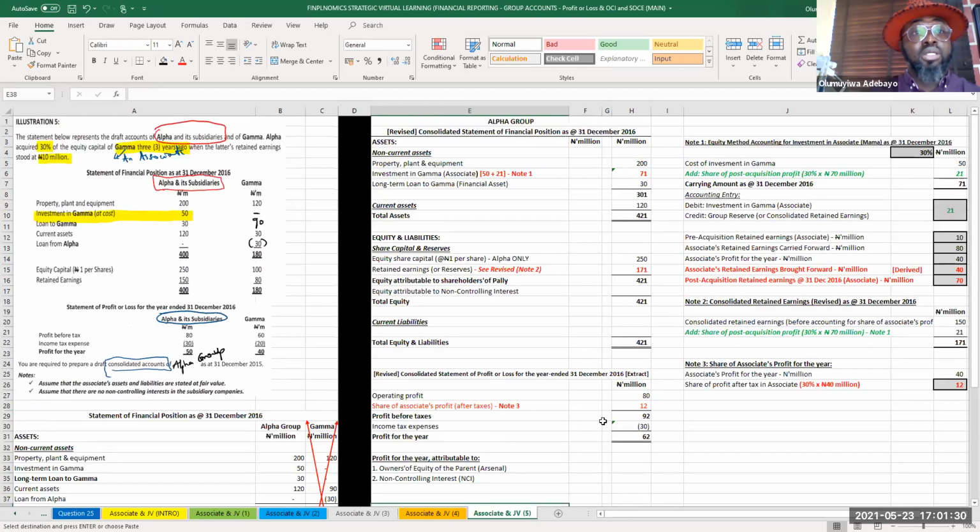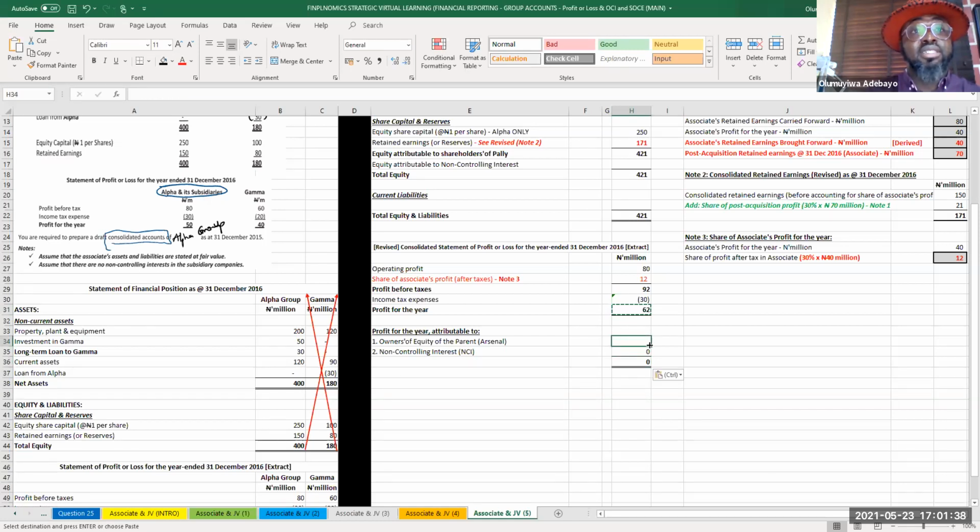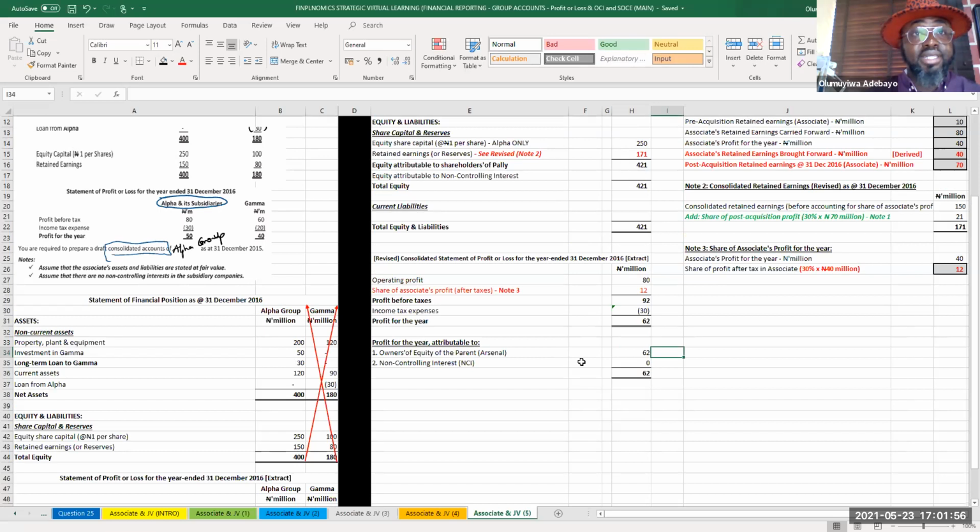Percent. Okay, which means in this case it is a 0 for non-controlling interest. It then means that every other balance belongs to the parent. And that is that. NCI is 0 because this subsidiary that was already consolidated is a wholly owned subsidiary.